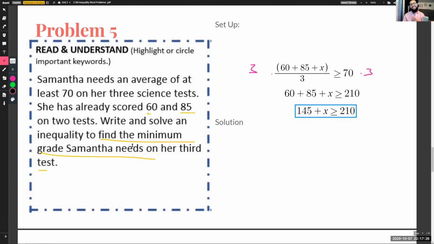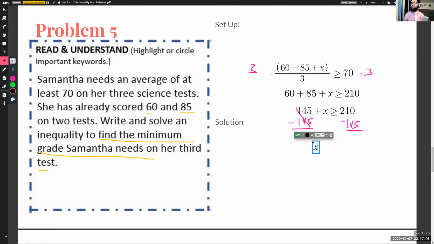And at this step, you guys are pros at this stuff now. And if you're not, no problem, let me know and I will walk you through the process, all right? We're going to subtract 145 on both sides. 145 minus 145 goes to 0.